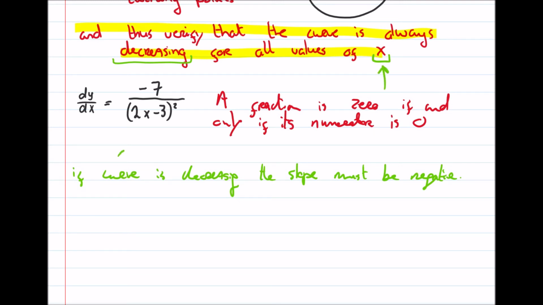the slope will always be negative. Now I'm going to write this as minus 7 over (2x − 3) squared. Is there any value for x I can put in there that will give us a positive answer?